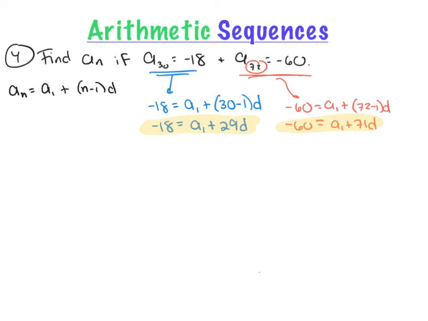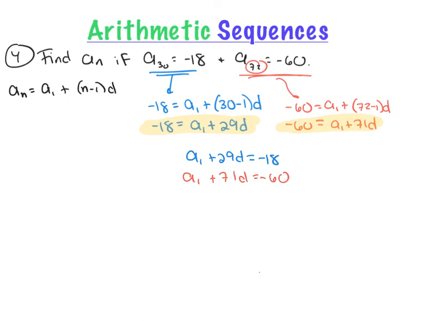Putting those together, I'm going to write it the other way. A1 plus 29D equals negative 18, and A1 plus 71D equals negative 60.